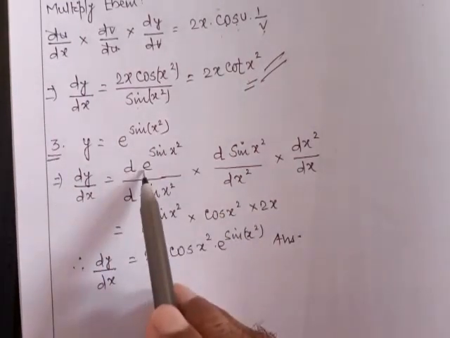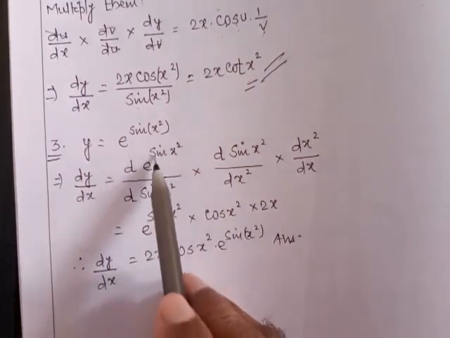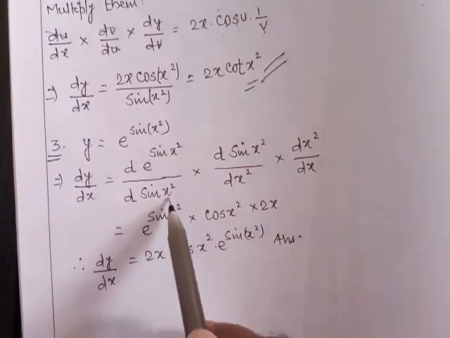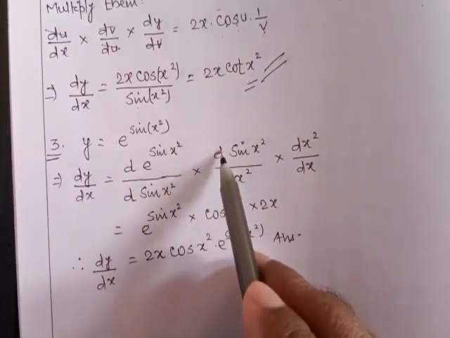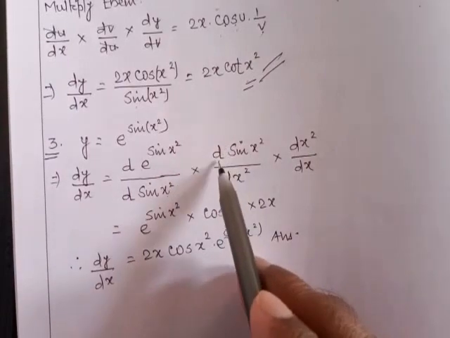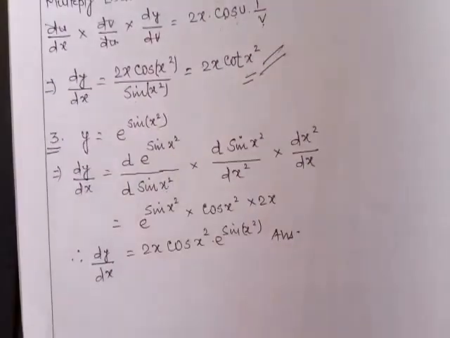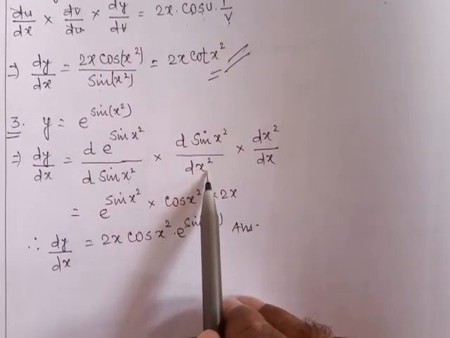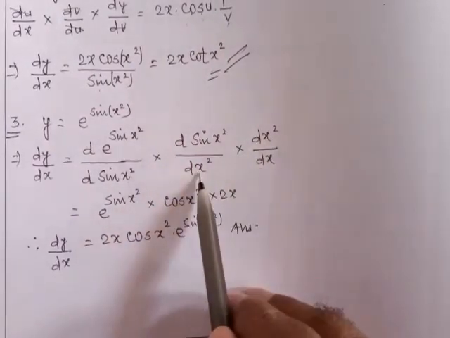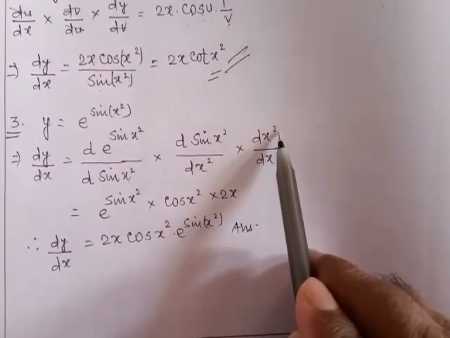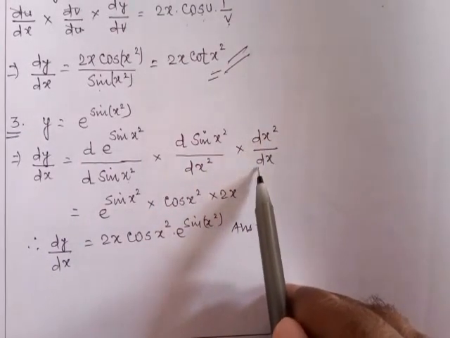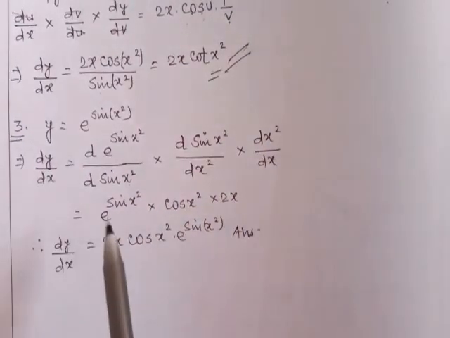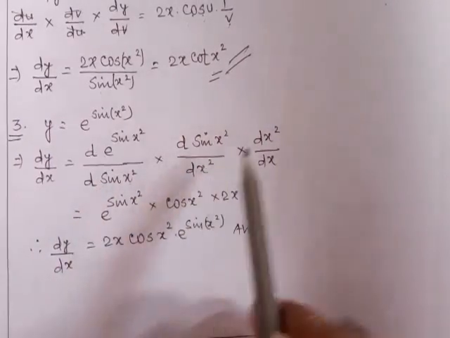This is again multiplied in the numerator by d of sin x square. The next term left will be sin. So how much left? d of x square into d of x square. Here the power should be omitted. So how much left? dx. So finally check after cancellation, it must be d upon dx, and y is e to the power sin x square.